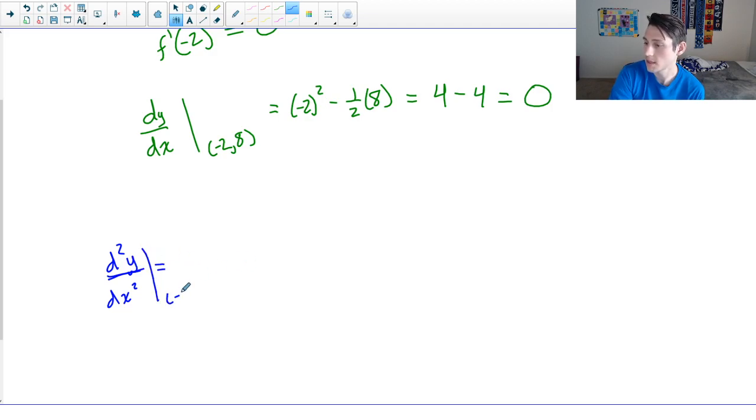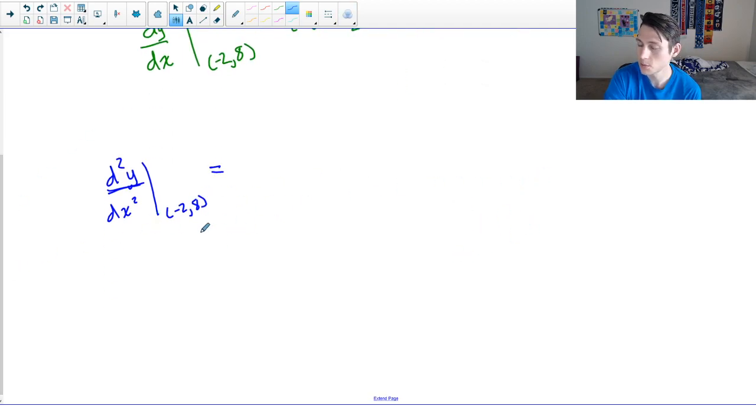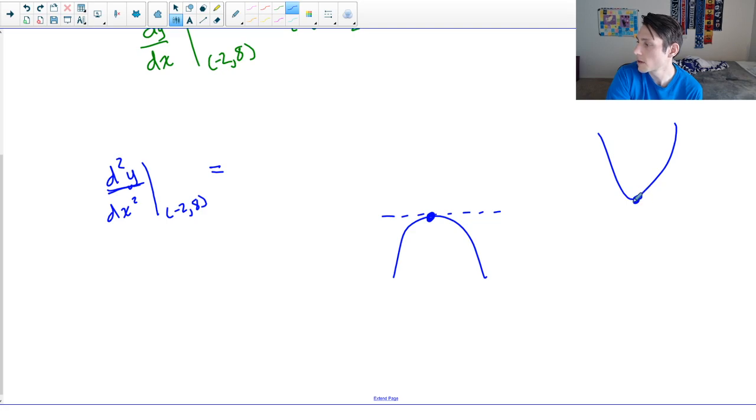And we want to evaluate that at (-2, 8). Because remember, if we already know that the derivative is 0, then now we just need to figure out the concavity. Is it concave up or concave down? At this point the derivative is 0, and at this point the derivative is 0, but depending on whether it's concave up or concave down, we'll have a relative min or a relative max.